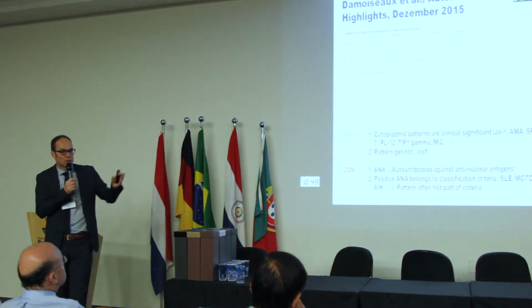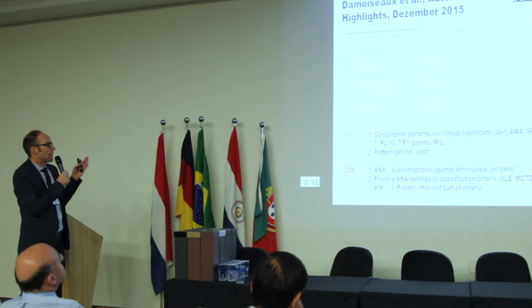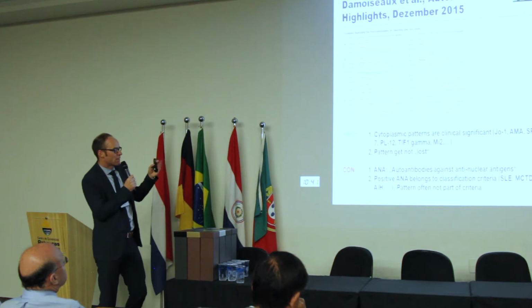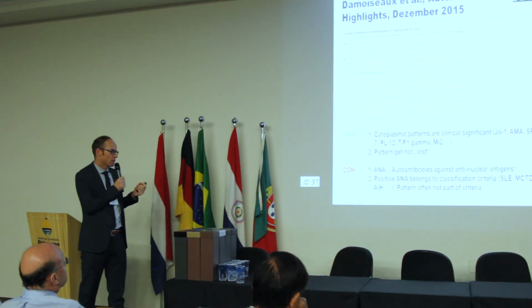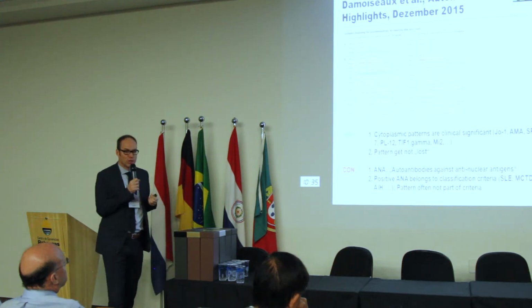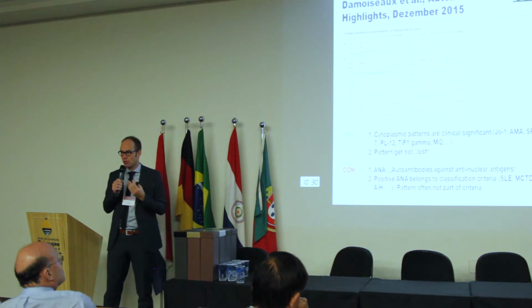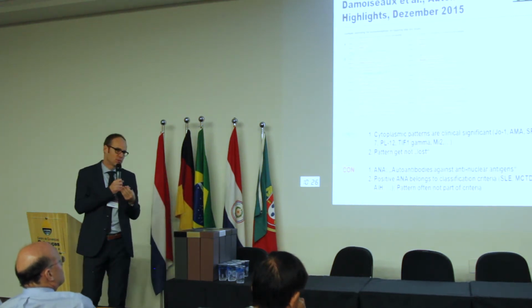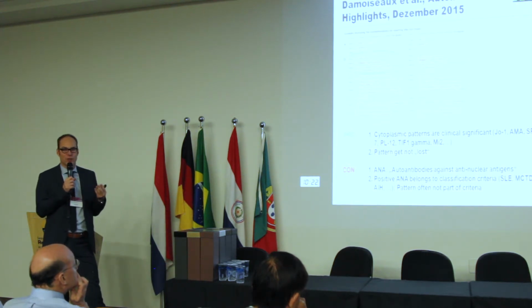One other thing which Jan Damoiseaux also published is that some autoantigens or antibodies against nuclear antigens are classification criteria for several diseases. So one is autoimmune hepatitis, for example, and autoimmune hepatitis you want to distinguish from PBC. And the most dominant pattern in PBC is anti-mitochondrial, which is a cytoplasmic pattern.